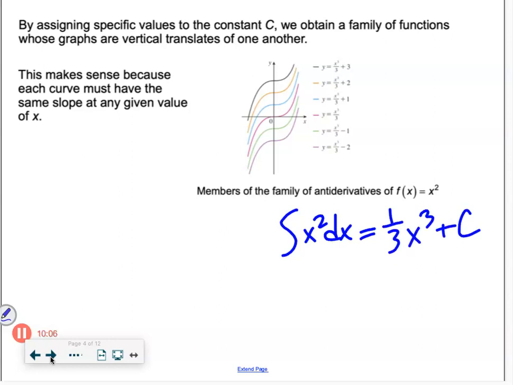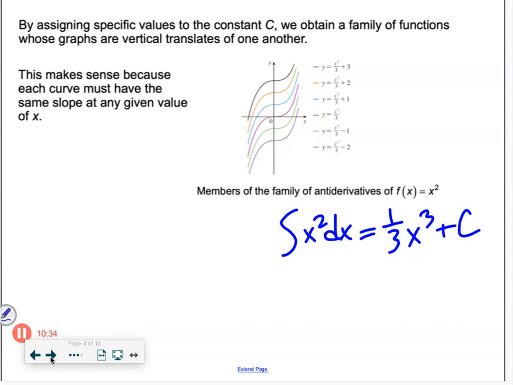So if I were to graph the antiderivative, I would have 1/3 x cubed, but I have it with some unknown constant, right? Now, if I filled in every possible real number for the unknown constant, then I just get the solid graph. It'd just be nothing but solid ink. So traditionally, if we want to graph what's called the family of antiderivatives, we just put in integers for the constant.